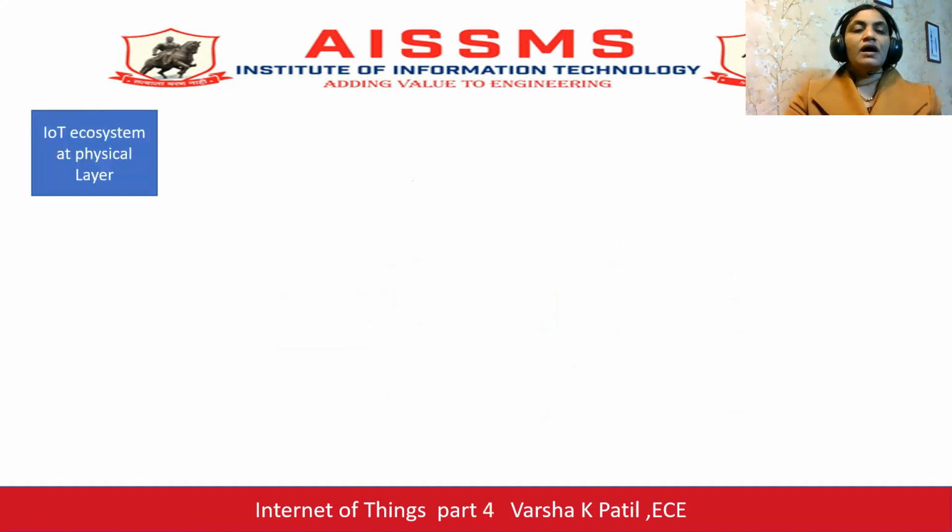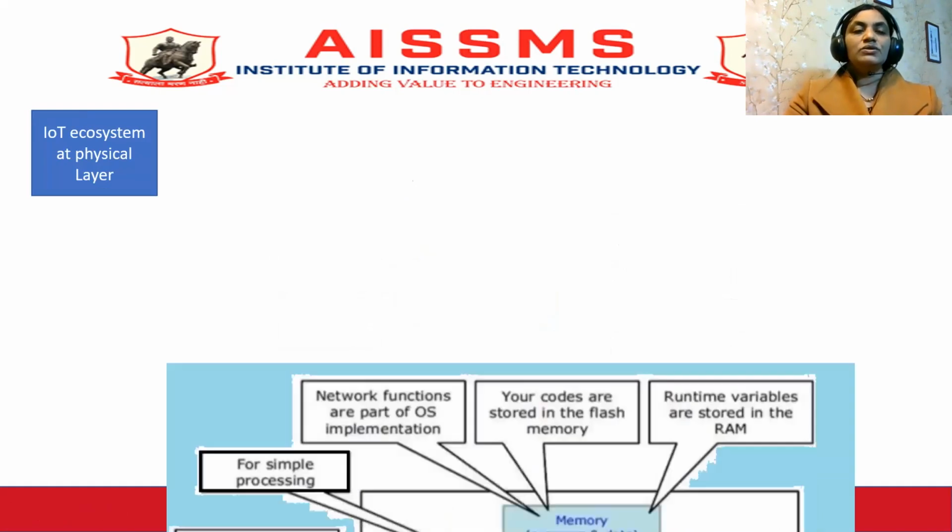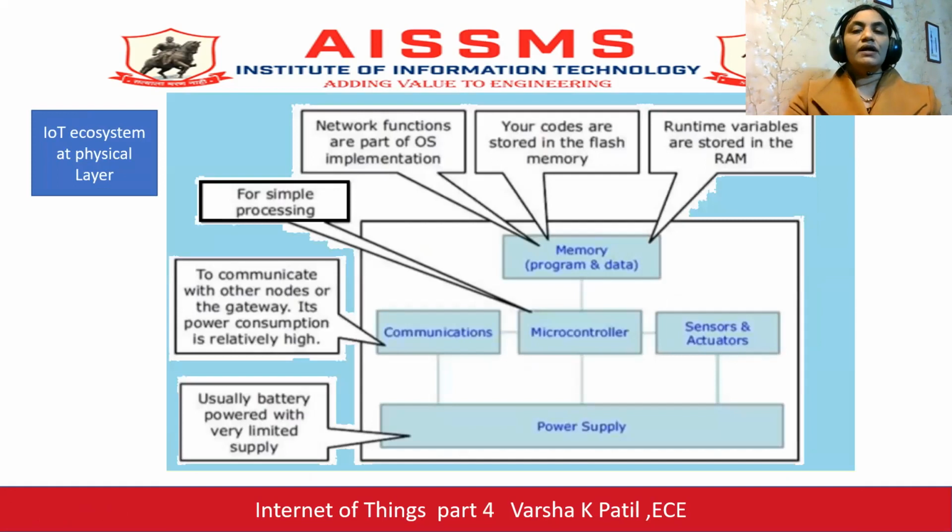Now let us see how the IoT ecosystem is at physical level. At physical layer, we are having such a system in which we are having the connection of all the devices towards microcontroller. So microcontroller is acting as a heart which is powered by power supply. Sensors and actuators are connected to microcontroller so that they will work as per the instructions given by microcontroller.